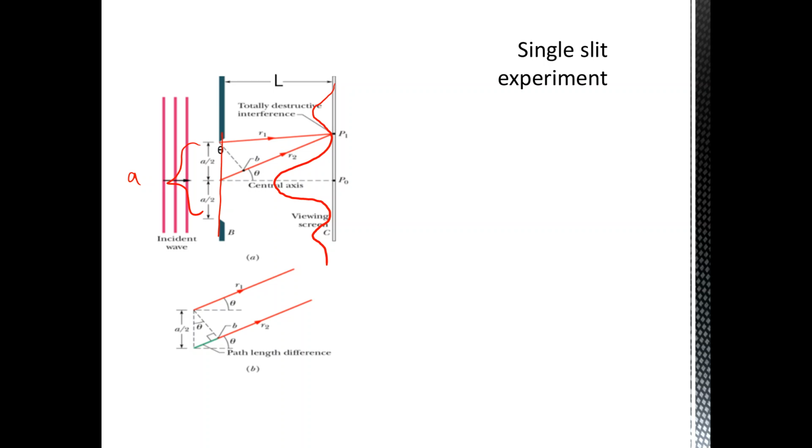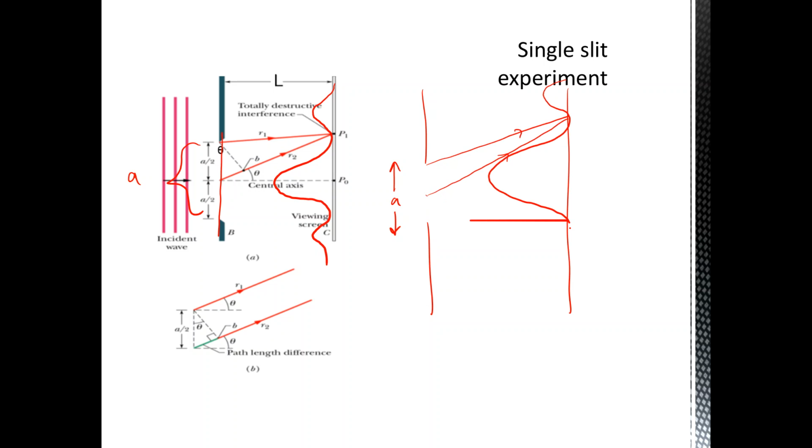So let's make that drawing. Where this distance is A. Something like that. We can use the same kind of reasoning that we used in a double slit experiment. We can say that, well, if they're interfering destructively, what must be the phase difference between these two rays?